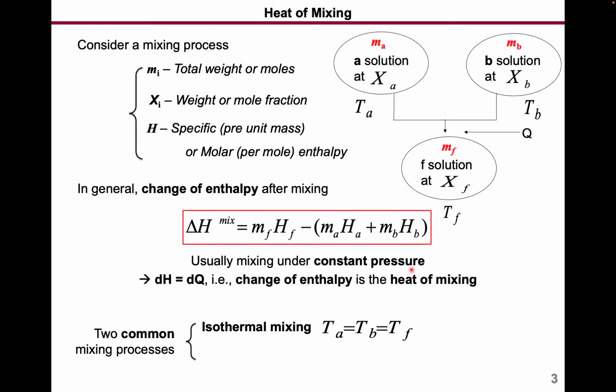And then under constant pressure, we have two common mixing processes. One is called isothermal mixing. Basically, when you do the mixing process, you don't want the solution to overheat or get too cold, right? Sometimes you just maintain the temperature of all the solutions constant, right? So TA equal to TB equal to TF, okay?